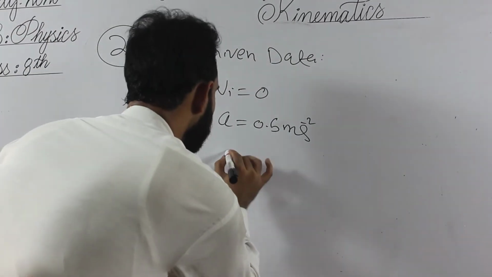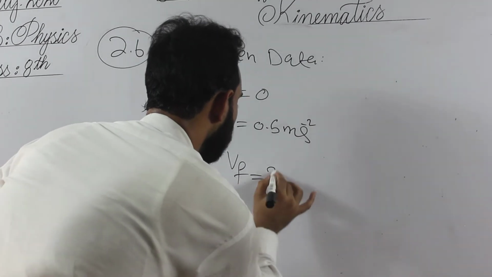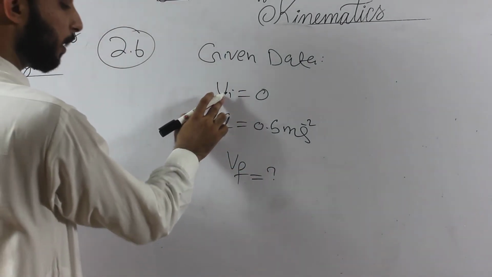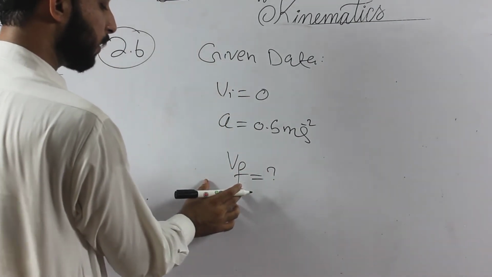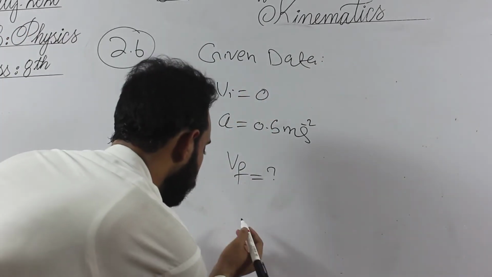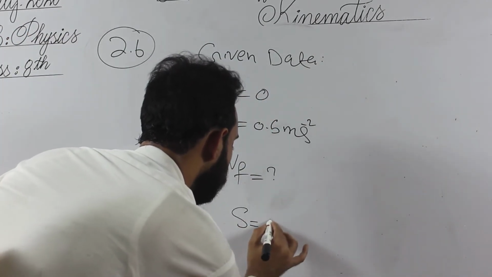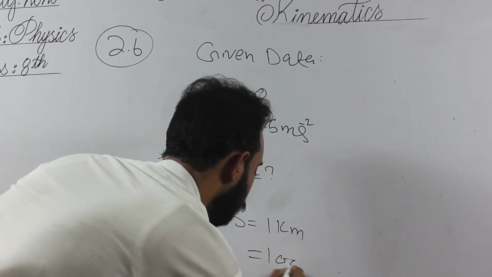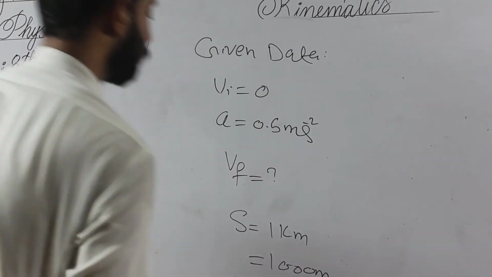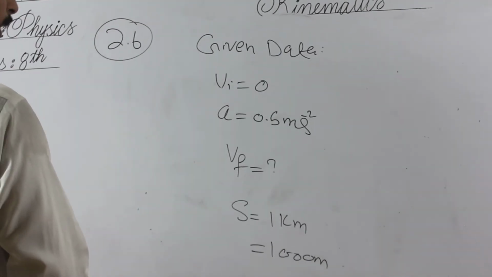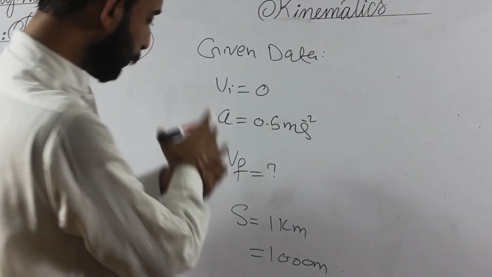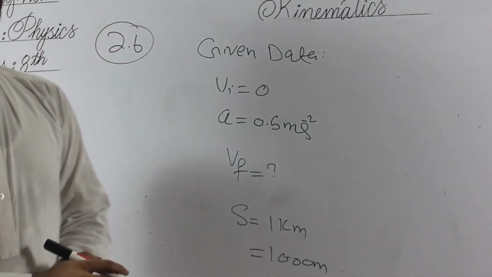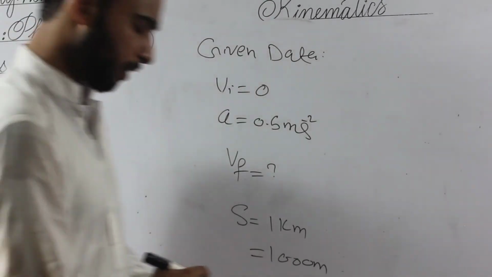It means we have to find the final velocity. And next, he says that the distance is 1 kilometer. As we know, 1 kilometer is equal to 1000 meters. We have to find the final velocity, so according to our given data, we apply the third equation of motion.